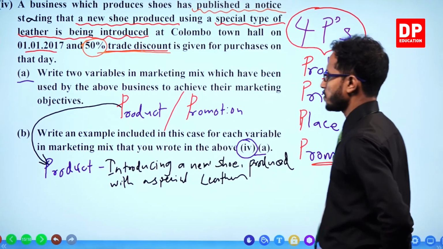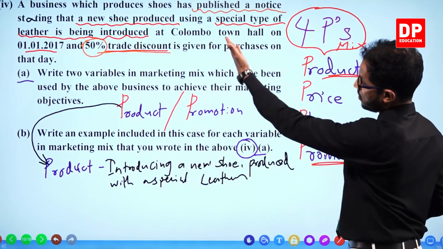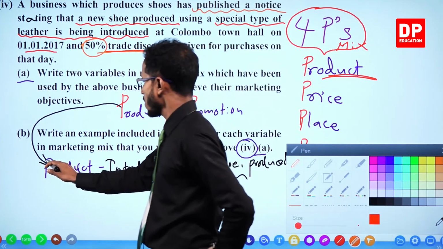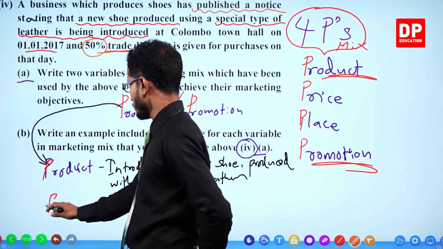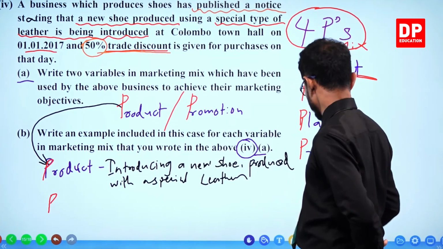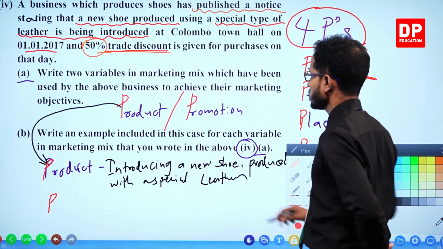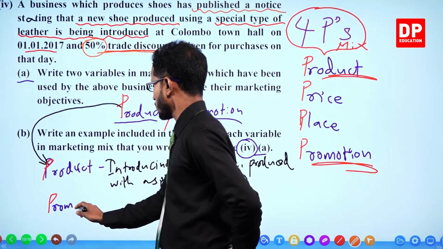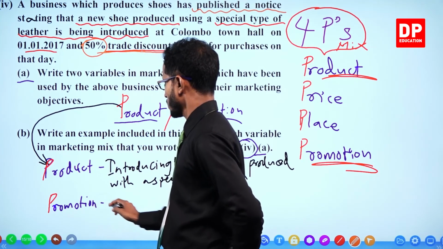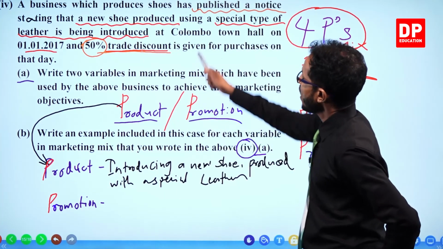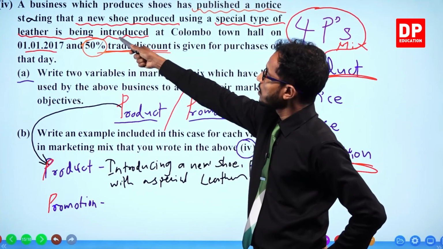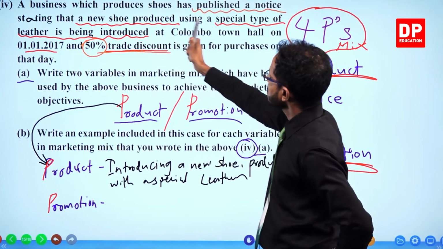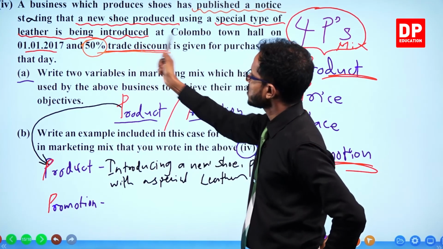For the marketing variables, for product we wrote the example from the case. And for price, we are writing, no, not for price, promotion, because we took product and promotion. They are doing a launching ceremony at Colombo Town Hall with a 50% trade discount.